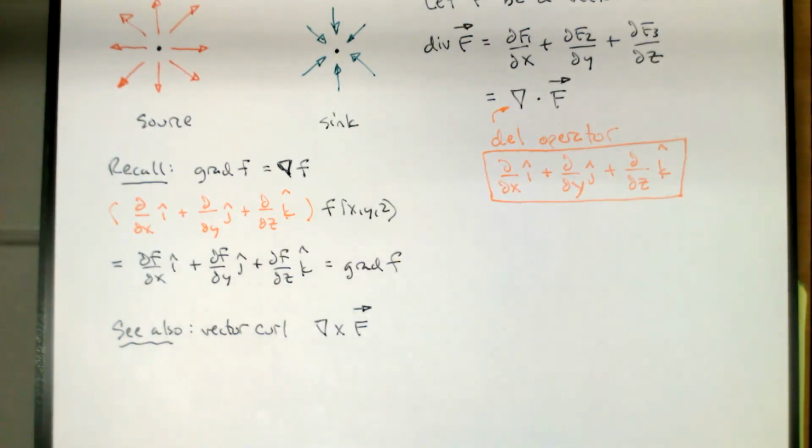The vector curl is the cross product of the del operator and the vector field.